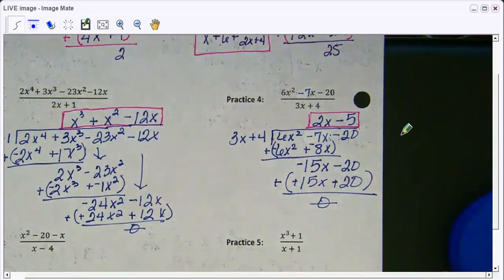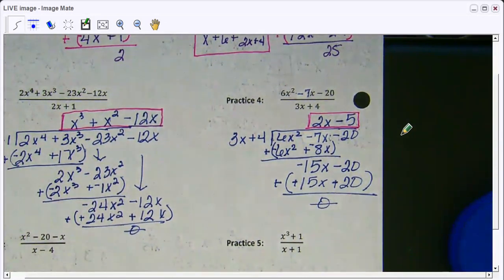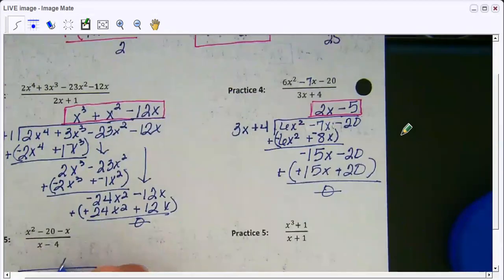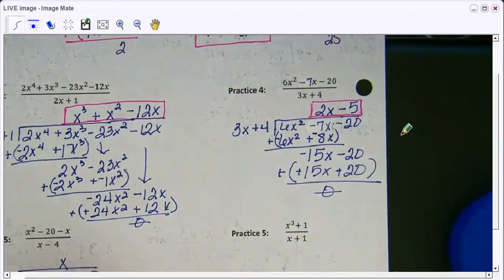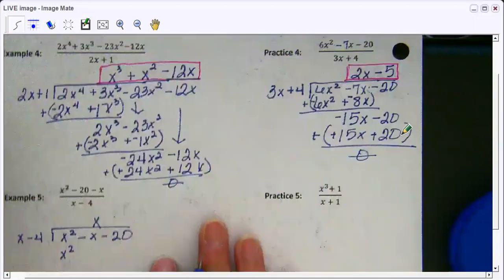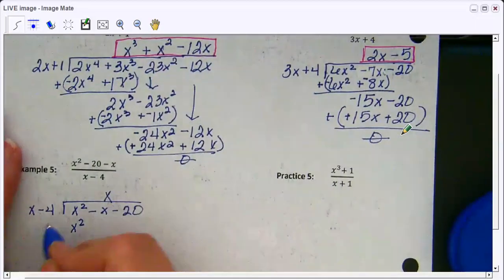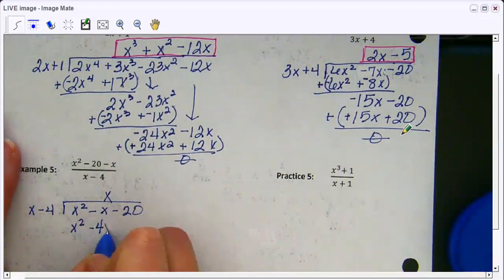Okay, example 5, you're going to notice that the numerator is not in standard form, and so you have to put that in standard form before you divide. So you should have x minus 4, and then x squared minus x minus 20. And then you can start dividing. So x goes into x squared x times. And then x minus 4 is a negative 4x.